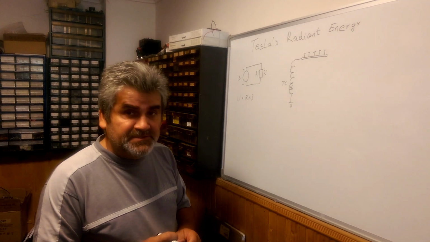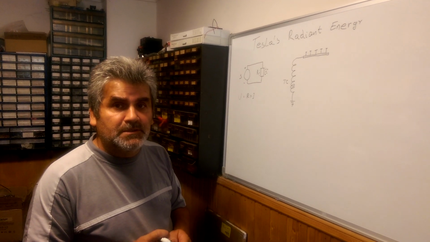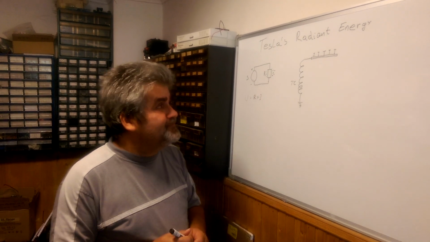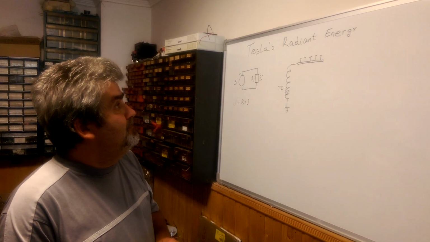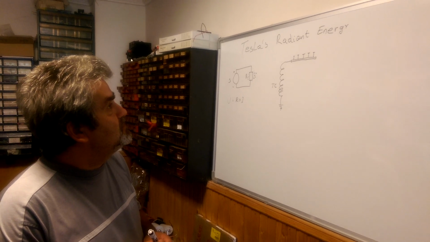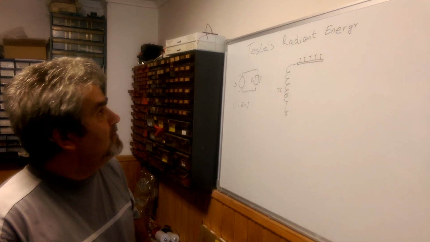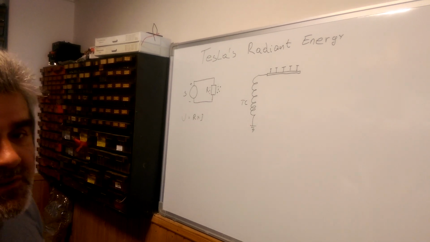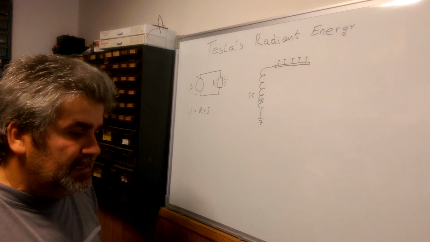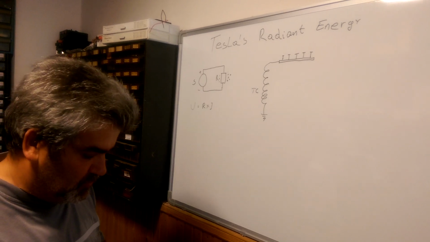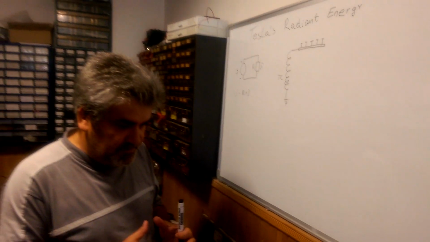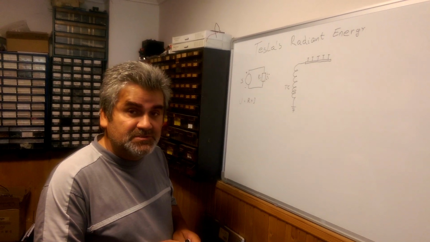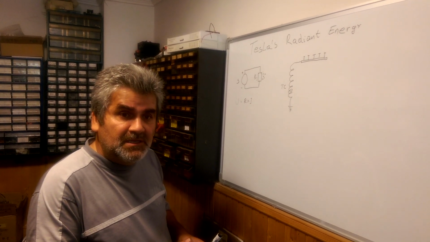Hello, in this video I will speak about Tesla Radiant Energy. Before I start to speak about it, I want to remind you that Tesla used to say that he always tried to put the biggest energy which he can produce in a small place.